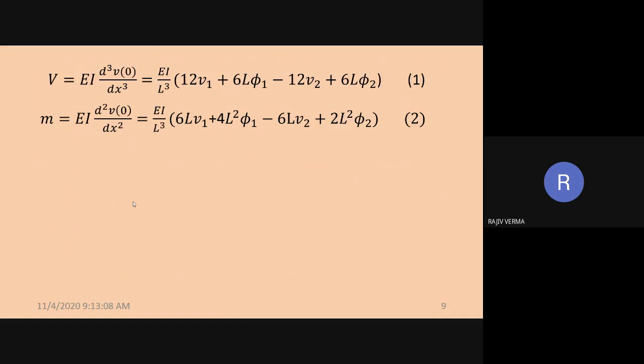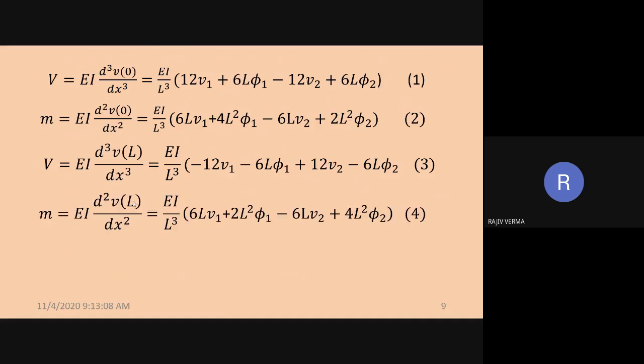Similarly, equation number 2 is the bending moment, evaluated at x equal to 0. And similar expressions are obtained for the shear force and bending moment at x equal to L, that is the right end.